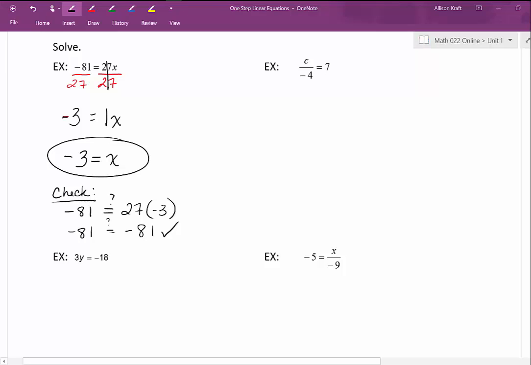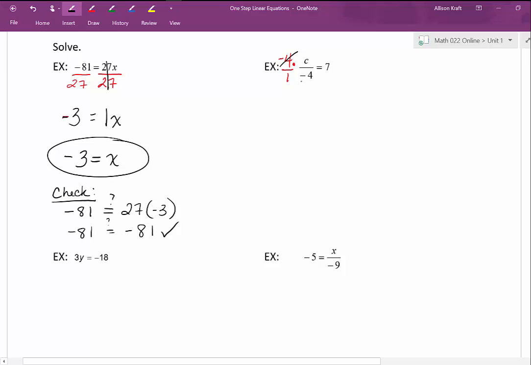In our next example, c divided by negative 4 equals 7. C is not all by itself with a coefficient of 1 because we have this division by negative 4. To eliminate the division by negative 4, we're going to perform the opposite operation, and we are going to multiply by negative 4. We know when multiplying fractions that we can simplify first.